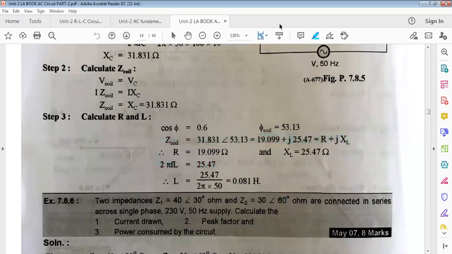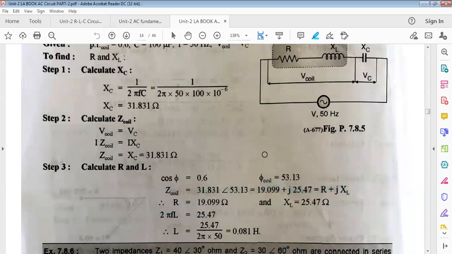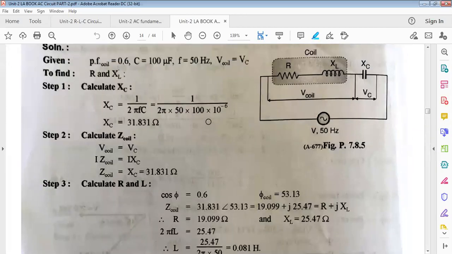Ma'am, I think I have a better method to do this. Can I share it? Yes, sure. Instead of converting the Z of coil from polar into Cartesian form, we can simply use the formula cos phi is equal to R by Z. So R by Z is equal to 0.6.